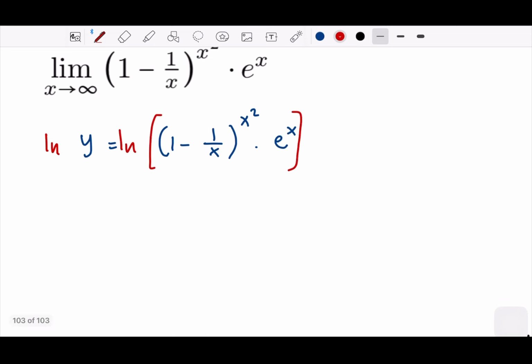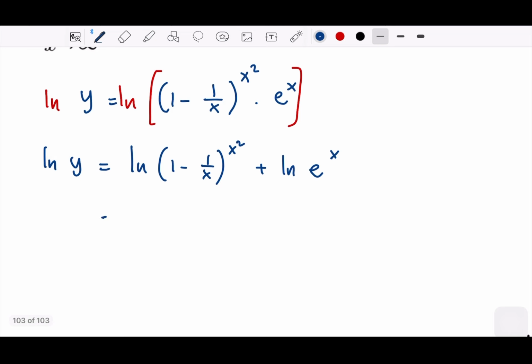So we're going to have ln y, and then let me write one by one, ln of this, and then plus ln e to the power of x. This part will be x squared ln of 1 minus 1 over x, and then this will be plus x.